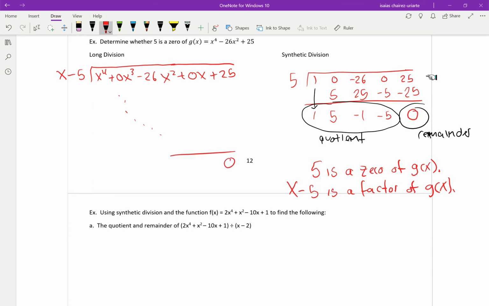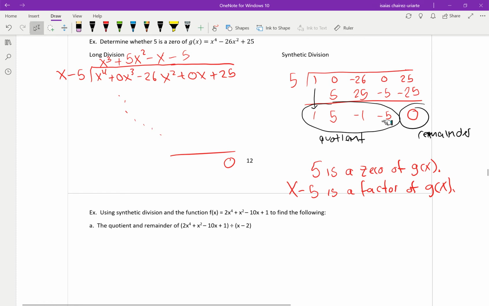That should have been a remainder. And up here in the quotient, we should have ended up with x to the 3rd plus 5x squared minus x minus 5. That's what my quotient is telling me: x to the 3rd, 5x squared, minus x, minus 5.